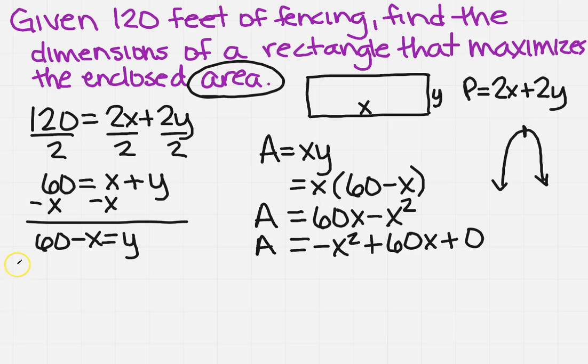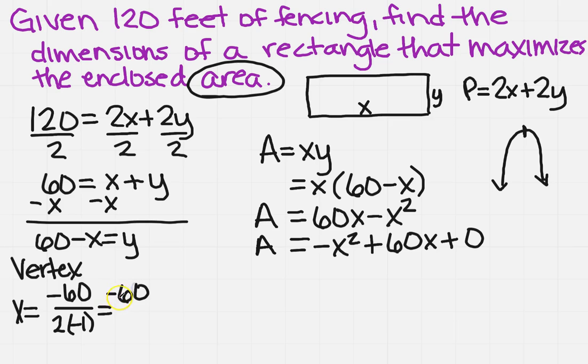So to find the vertex, remember x equals the opposite of b over 2 times a. So I'm going to have negative 60 over negative 2, which is going to give me 30. And then to find the y value, I'm going to plug that value into my formula.